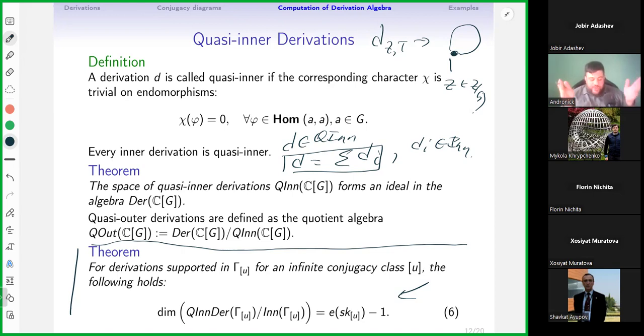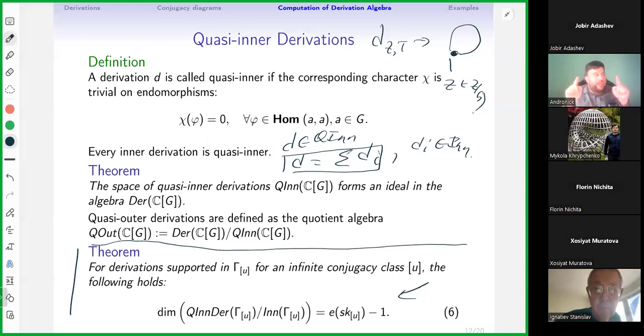You take all derivations, you find the ideal of inner derivations, and you take a quotient by them. I told you that here is another view. You can take the algebra of all derivations, you take an ideal of quasi-inner derivations, which in general don't coincide with inner derivations, and you can take a factor by them, which will be quasi-outer derivations.